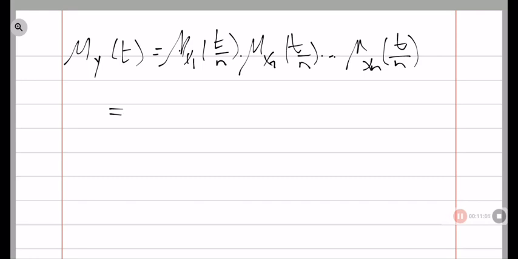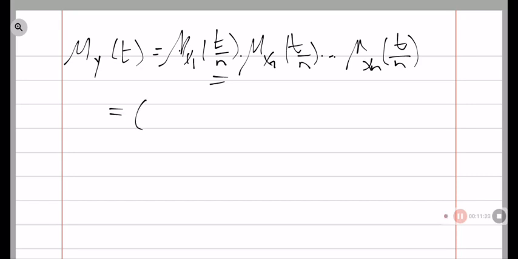Now we've got the moment generating function of the exponential, so we just need to change t to t over n.